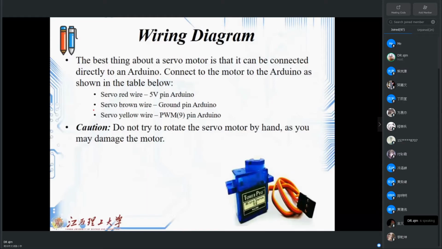But you should be careful of this, that do not try to rotate the servo motor by your hand, as you may damage the motor. And now you know why. Because inside of this motor, you have some gear which is going to break.